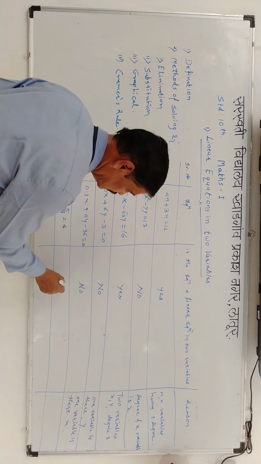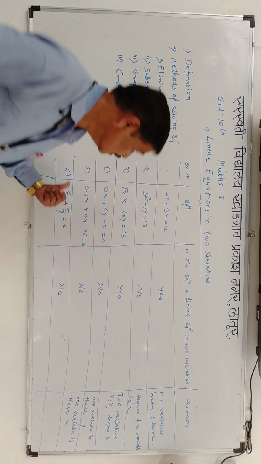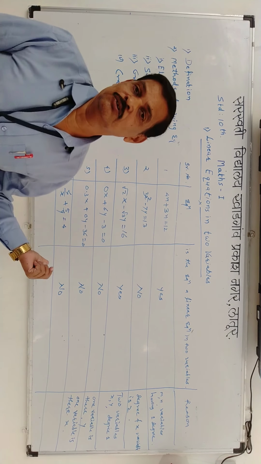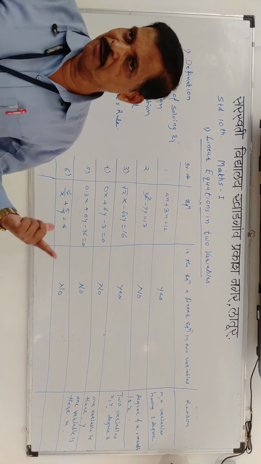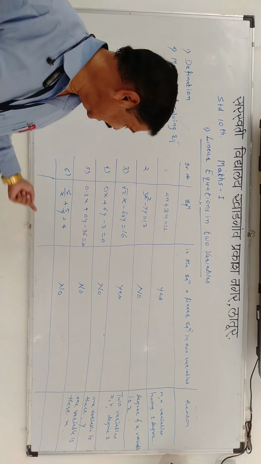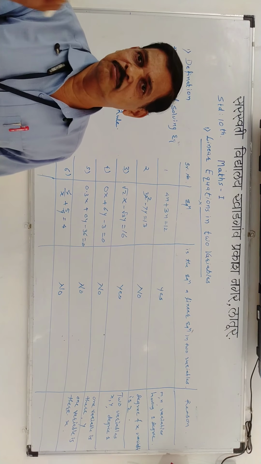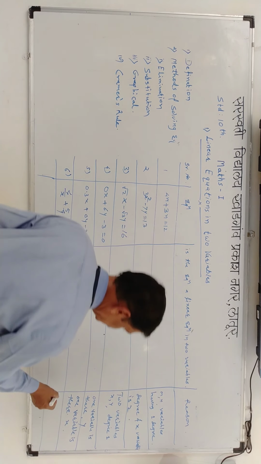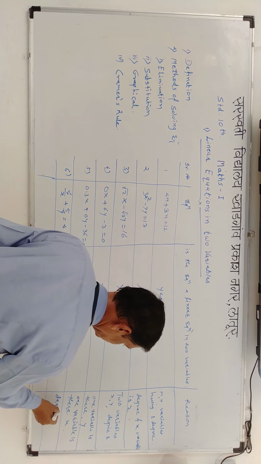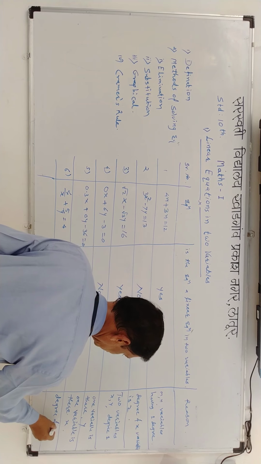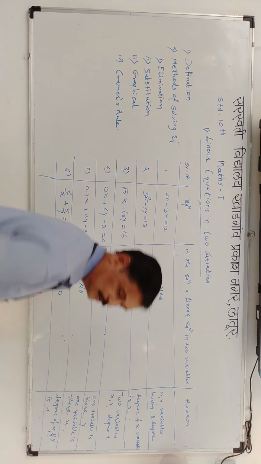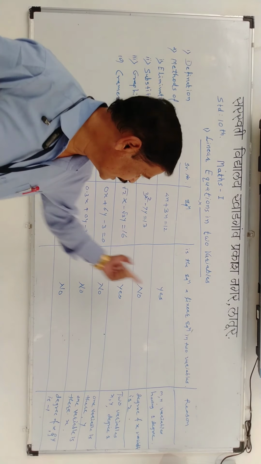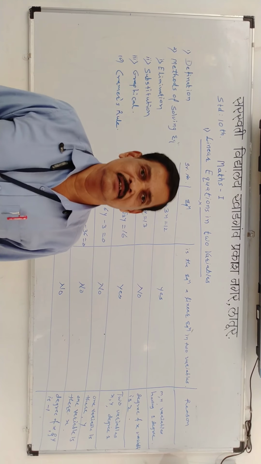So it is not a linear equation in two variables. Why? Because the degree of x and y is -1, so it is not a linear equation in two variables.